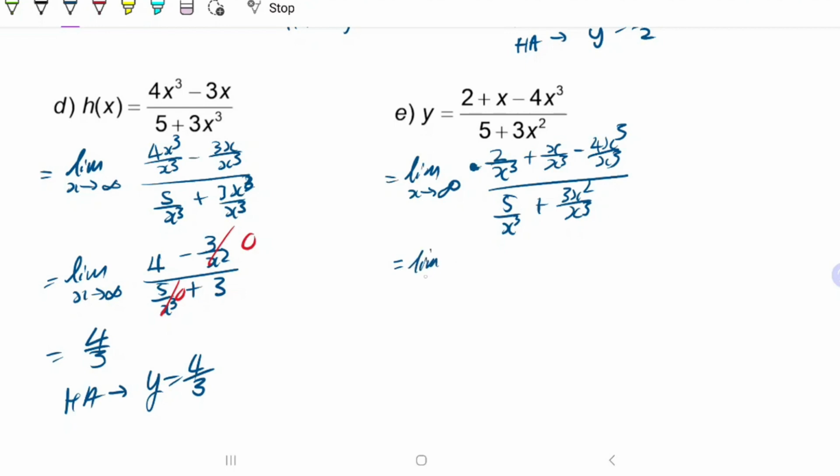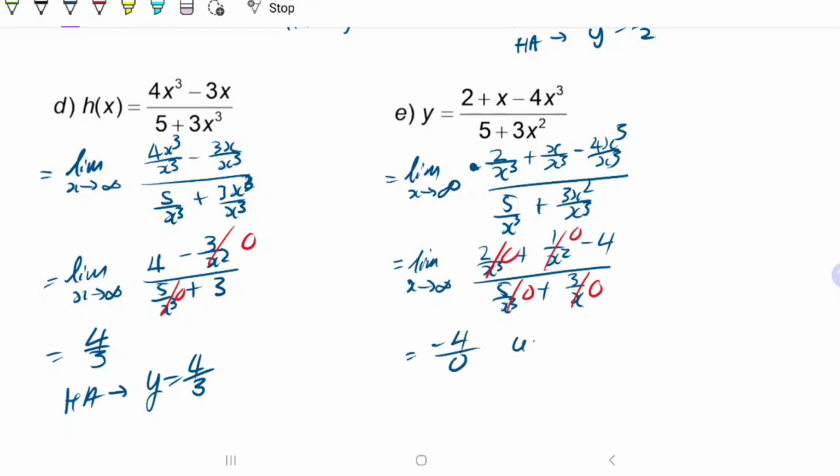We still take the infinite limit, with 2 over x to the 3 plus 1 over x squared minus 4, over 5 plus 3 over x. According to our definition again, the terms will be 0, and our final answer becomes minus 4 over 0. But we know that this is undefined. If this is undefined, it means that we have no horizontal asymptote. I hope that this makes sense.